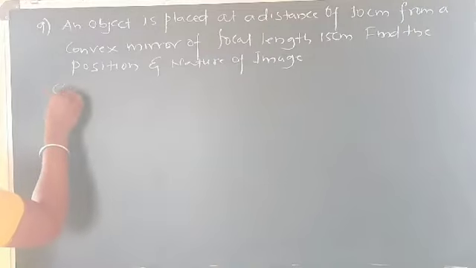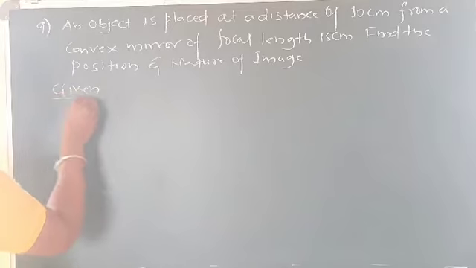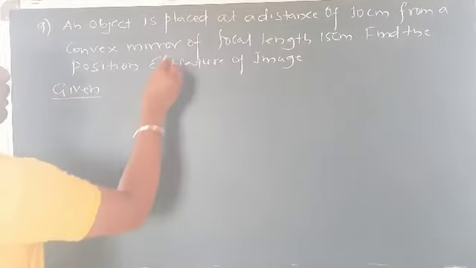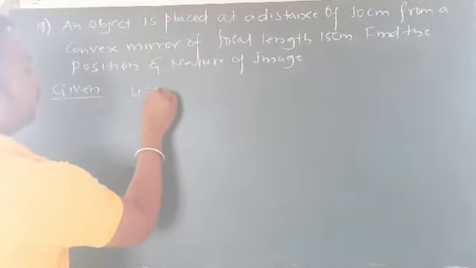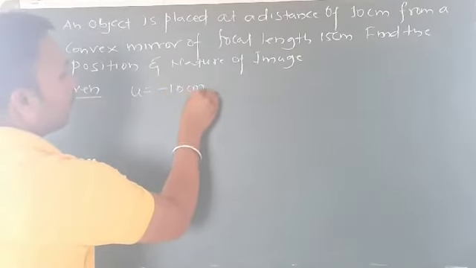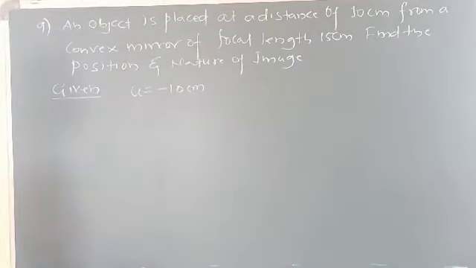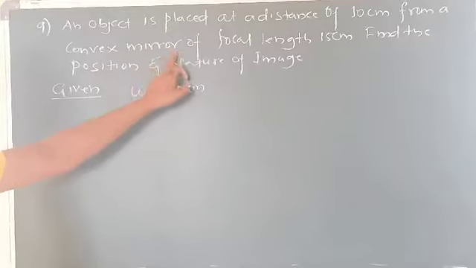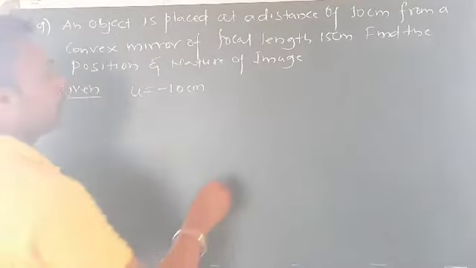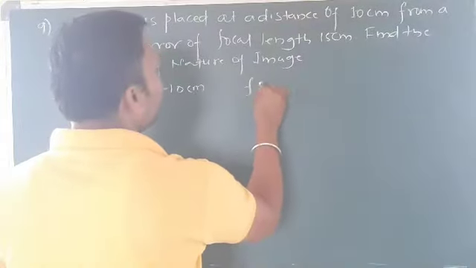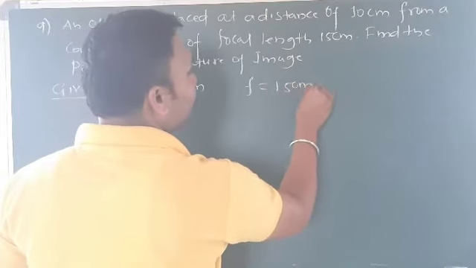So given: the object distance u is equal to minus 10 centimeter, from a convex mirror of focal length 15 centimeter.